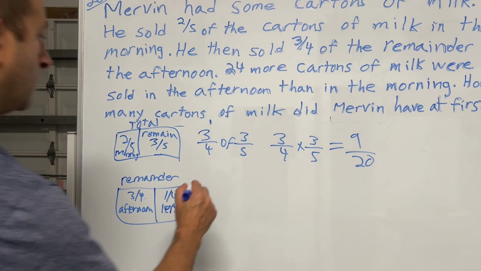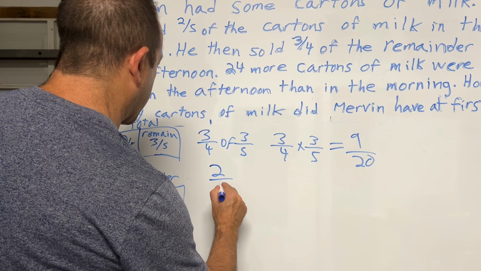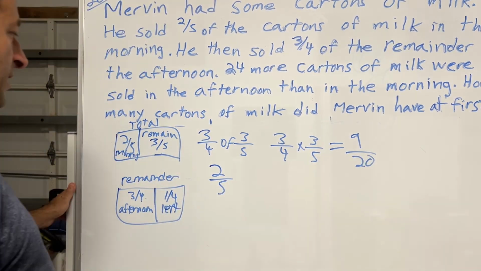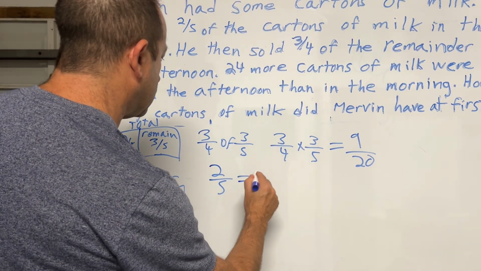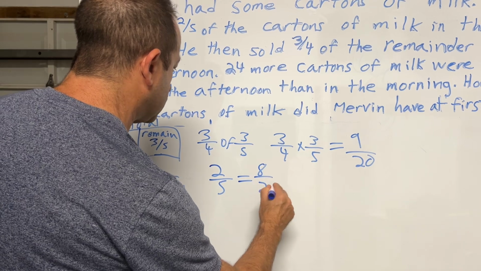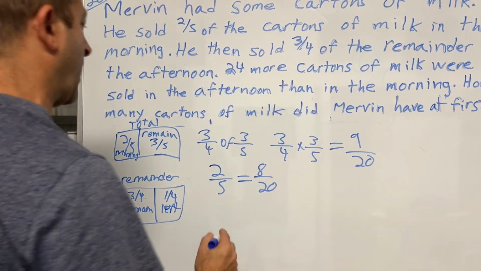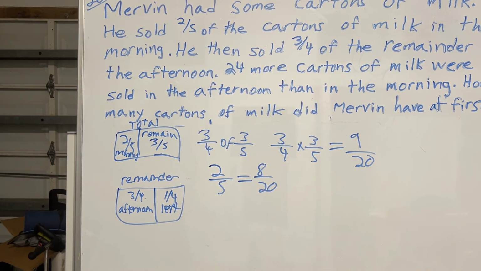2/5. But we want to express it with the same denominator. So 2/5 equals 8/20. So you have 9/20 were sold in the afternoon, and 8/20 were sold in the morning.